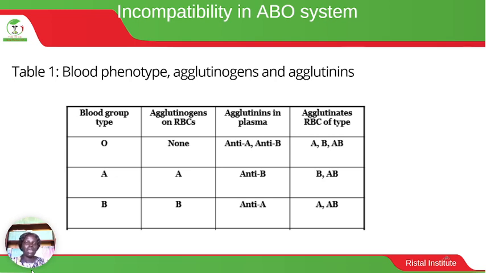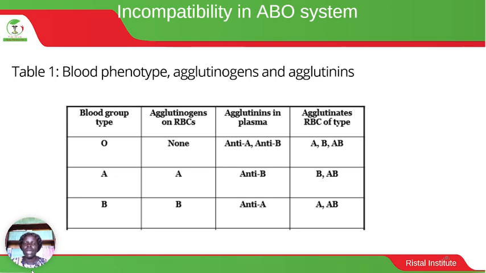So if someone has blood type O, the person will not have any of the agglutinogens, does not have any of the antigens, either A or B. So he does not have any of the antigens.